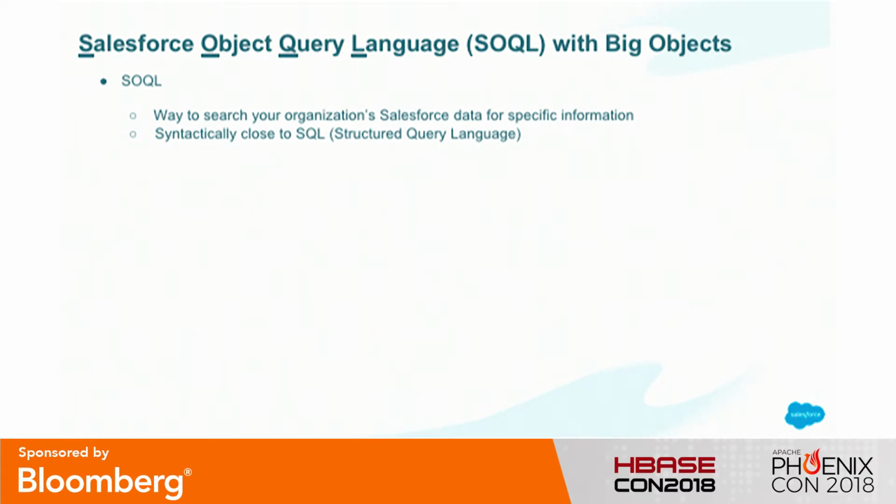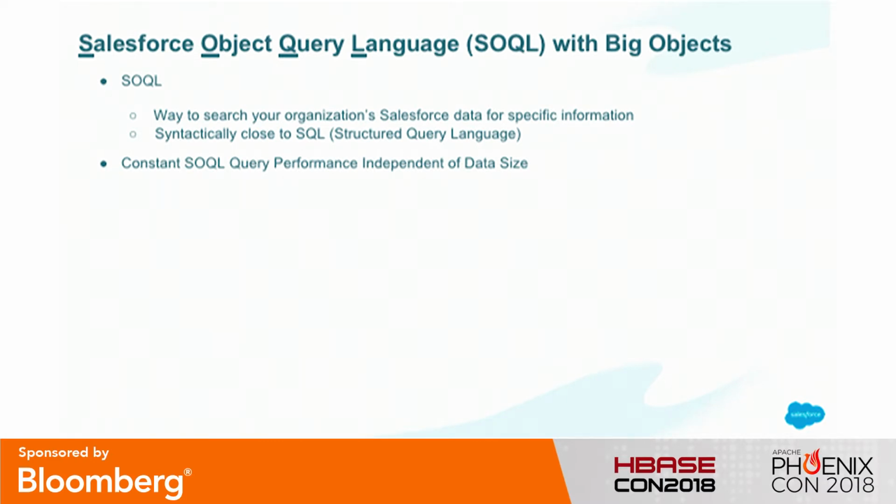The cool thing about SOQL on big object data is that the query performance is constant and independent of data size. The way we achieve this is in the big object framework, we have checks and balances to ensure that when a query is executed, it does not result in unbounded scans or full table scans.